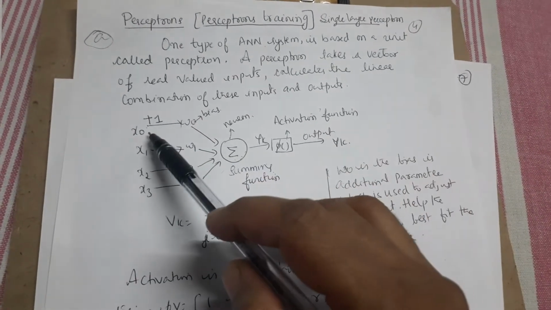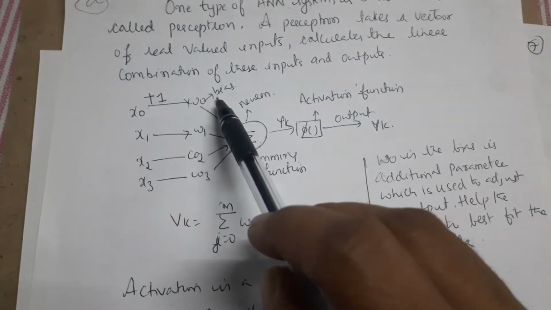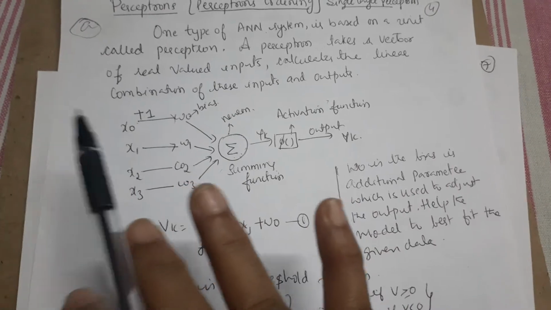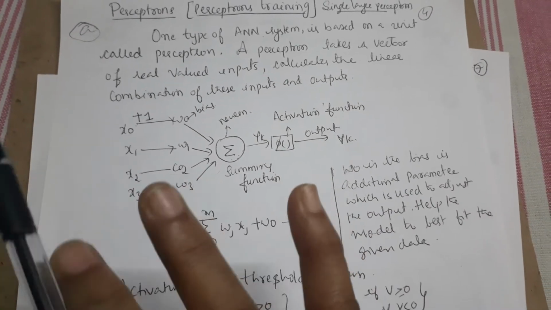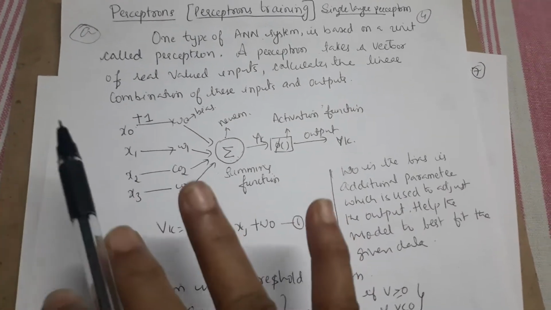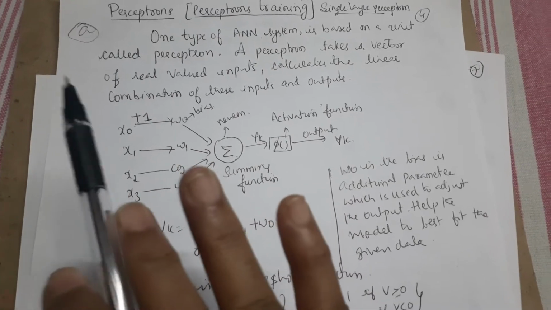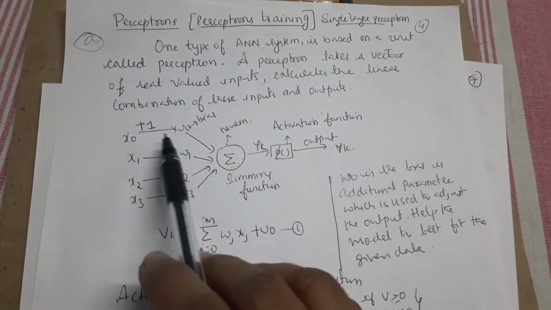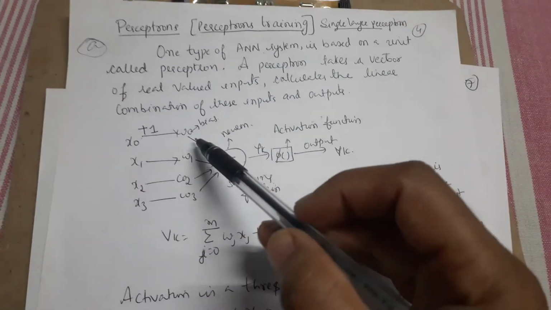If you can see here, x0, I have written as bias. What is this bias? It is just an additional parameter which is used to adjust the output and helps the model to best fit the given data. So for that purpose we are using this additional bias.